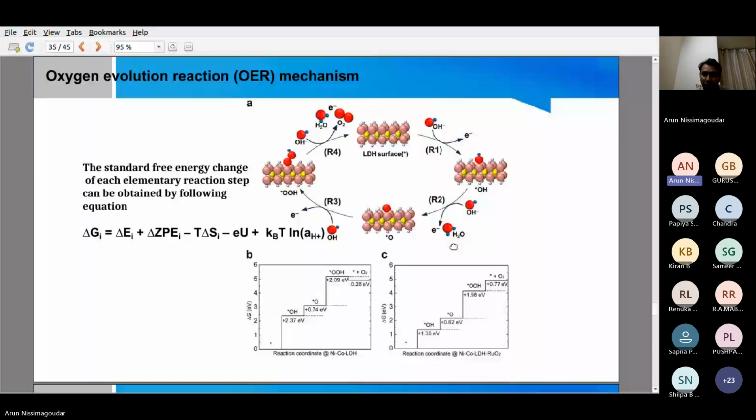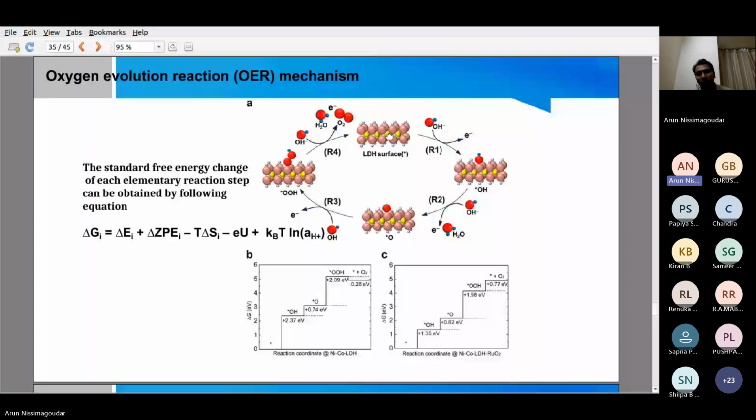Then we are left with one oxygen. Then another OH will come, so here we end up with 2 O and H. This O is evolved again, and then we come up with the oxygen evolution. So we get the 2 oxygens here, and in this way we can get the oxygen evolution.